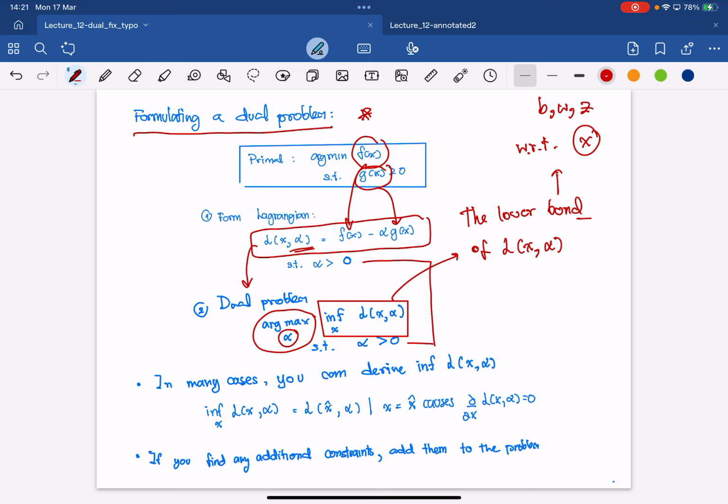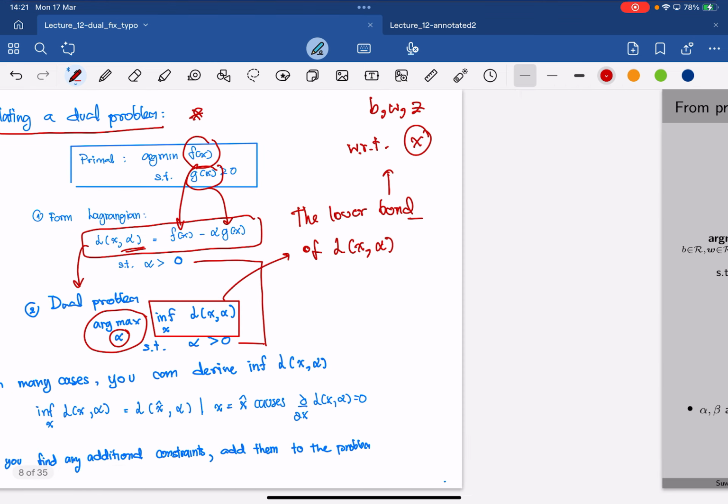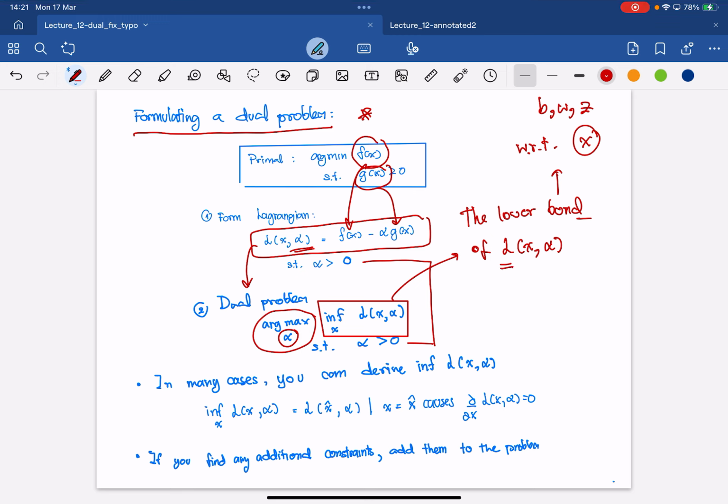So how should we do it? How to find the lower bound? What we would do is take the gradient. If in this case we have only one x, the infimum of this will be equal to the function when you plug in x, let's say we call it x hat, where x hat is causing the gradient of L, the same function, equal to 0.